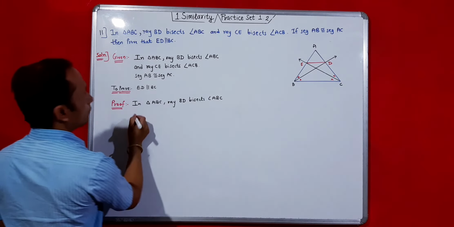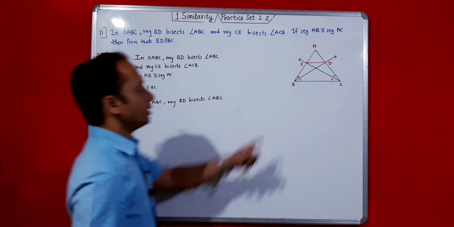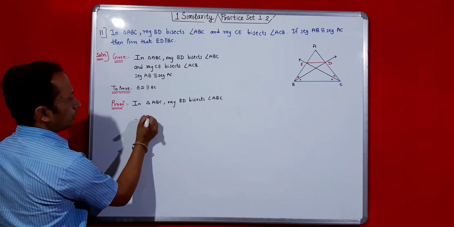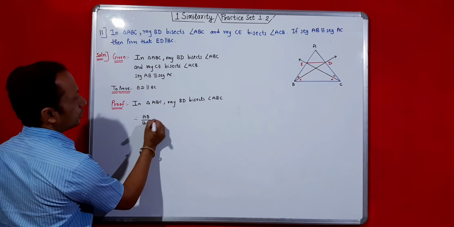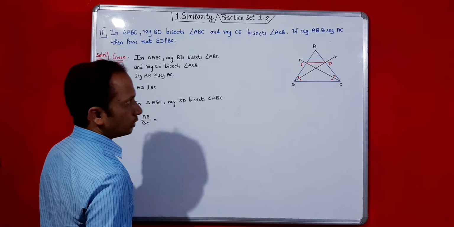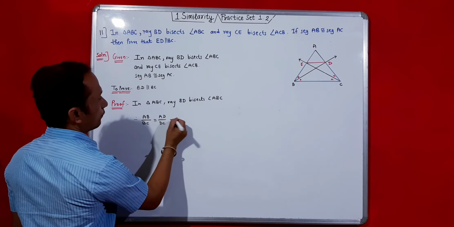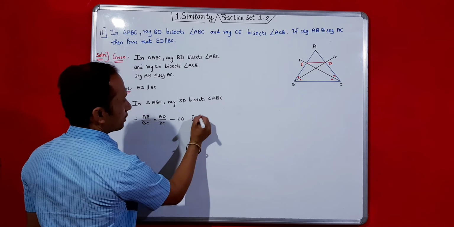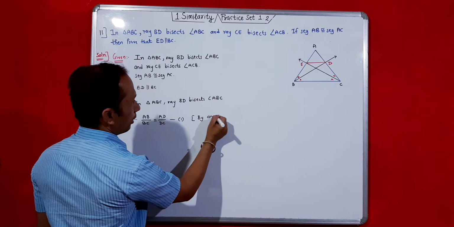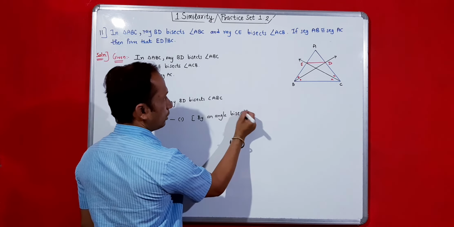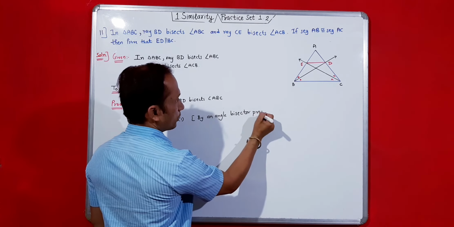Therefore, by the angle bisector property, AB upon BC is equal to AD upon DC. Okay, this is first, by an angle bisector property.